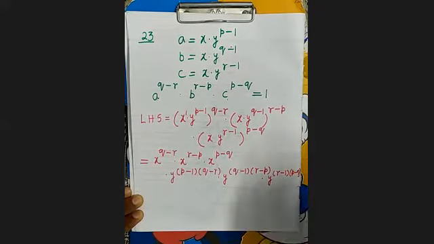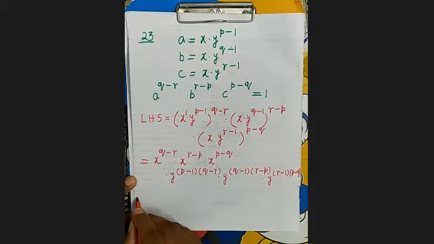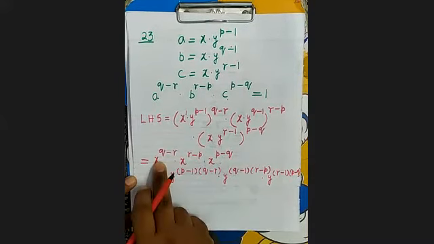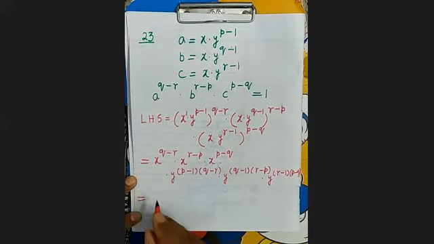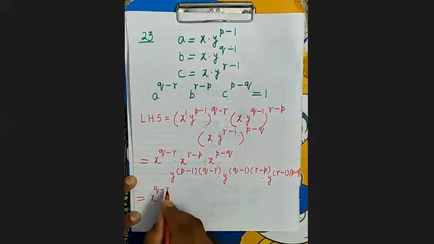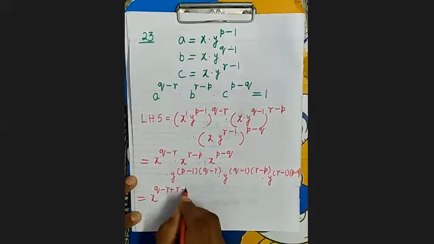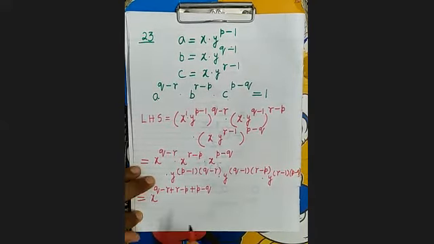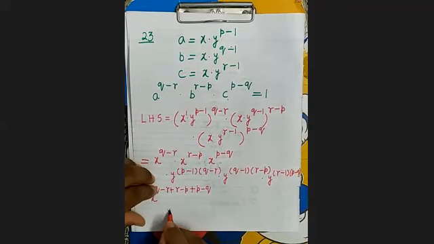Now you simplify. When you simplify terms of x, since they are in the product and bases are the same, the product rule will apply. x powers will be added, into y.